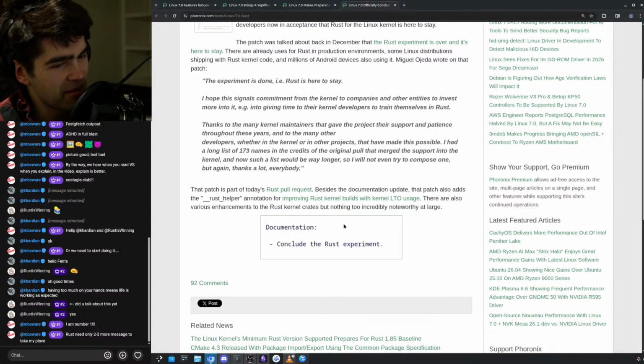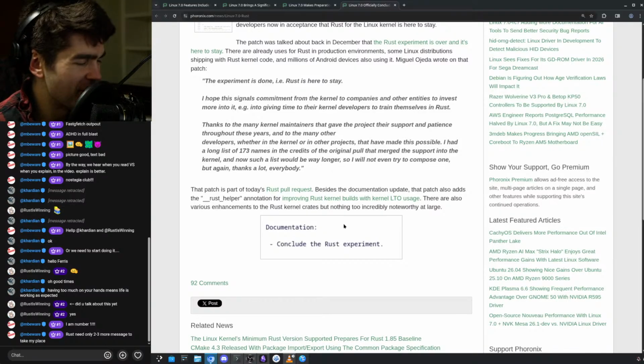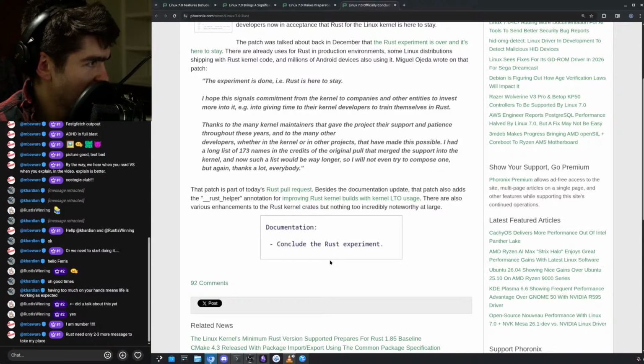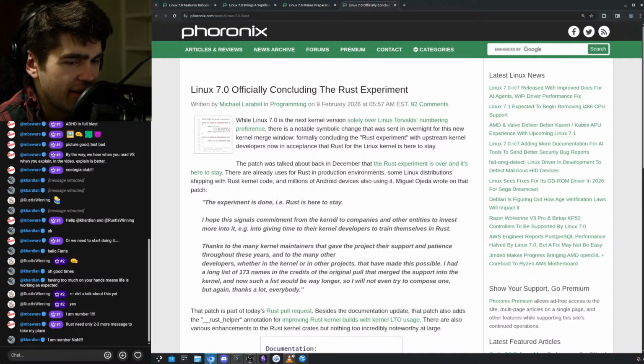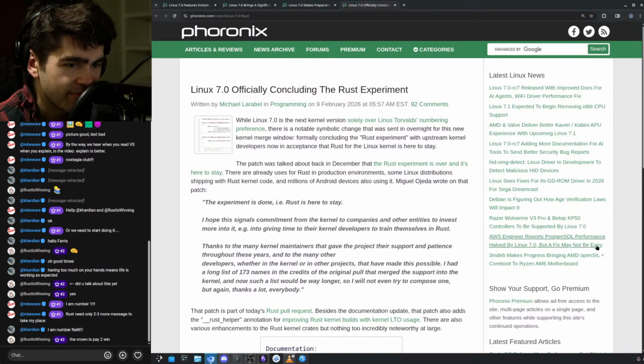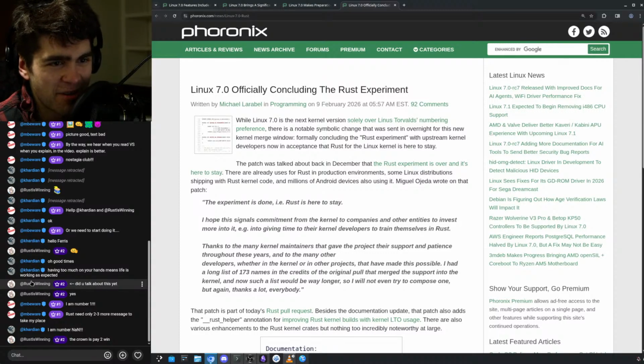Nah. Rust has been fucking with me a lot, but not that much, okay? Rustards are going to be triggered. The crown is pay to win. How is it pay to win? He didn't pay shit.